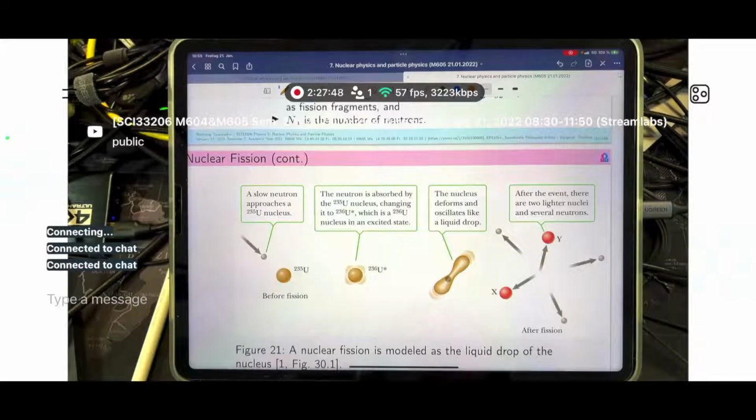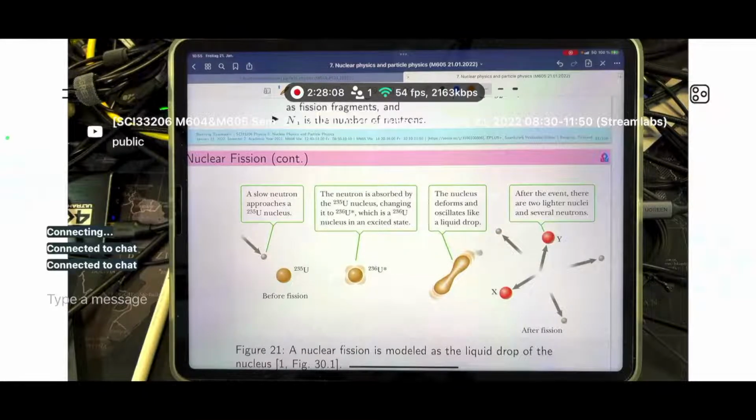If you are close to this group, you go with this group; if you are close to that group, you go to that group. That's how protons and neutrons make a decision. The nucleus deforms and oscillates like a liquid drop, and then they really tear apart.